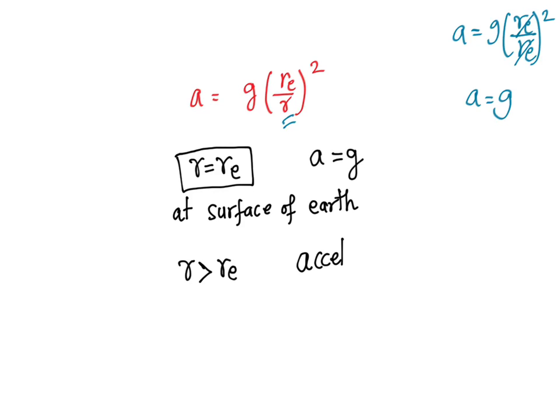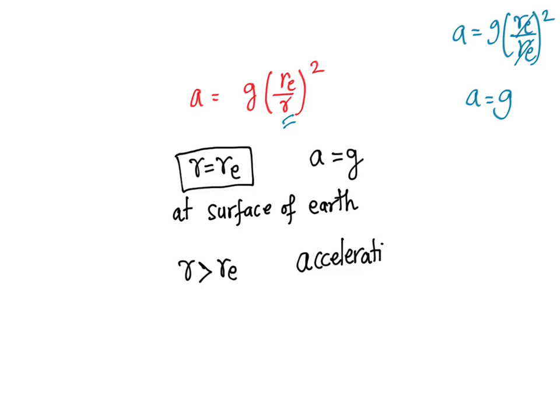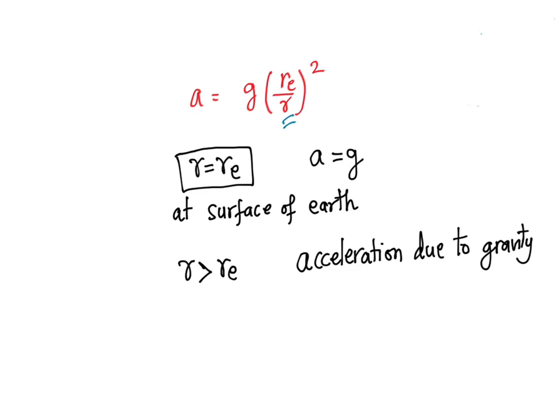square. If R is greater than RE, that means we are above the surface of the Earth. In this case, acceleration due to gravity is going to decrease by an inverse square relation. What's the meaning of inverse square relation? For that, I have to first rub a few things out from here. Okay.